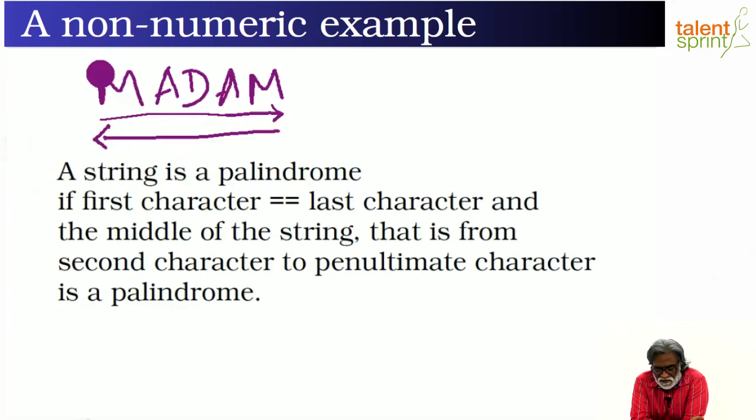This is where the recursive definition is coming. We are saying if the first character is not equal to the last character, it's not a palindrome. Okay, if the first character is equal to the last, now we have a smaller problem. What is the smaller problem? Take a new string which is the second character to the penultimate character. If that is a palindrome, the original was a palindrome because the first and last were equal. What is in the middle?